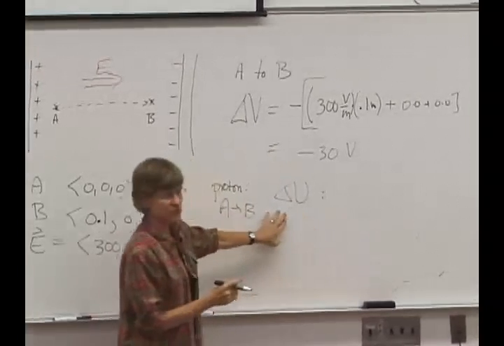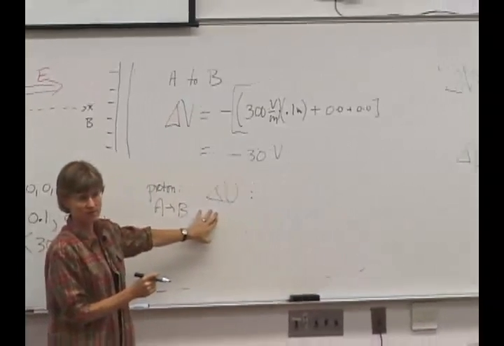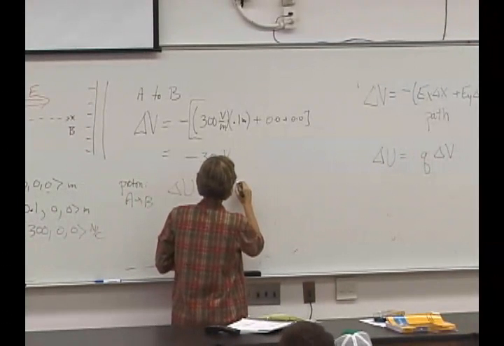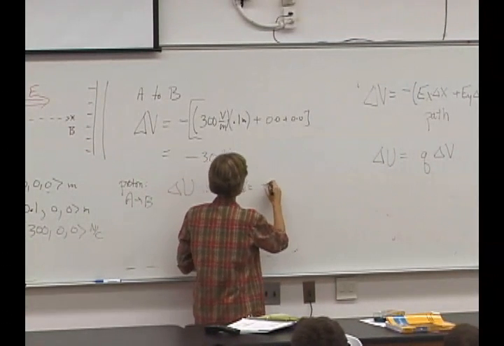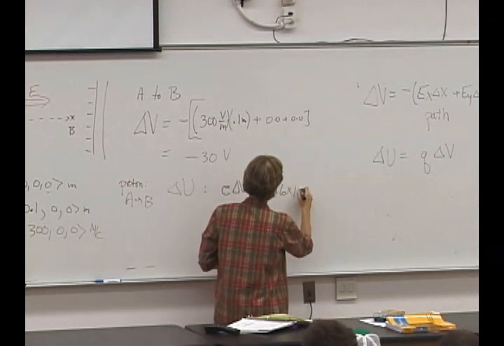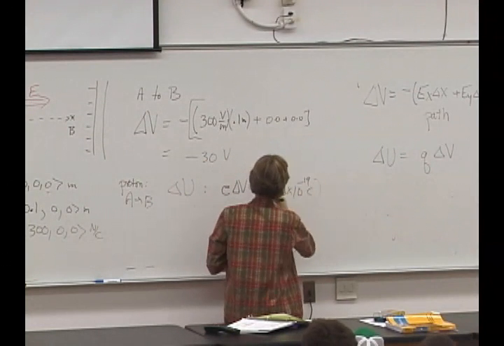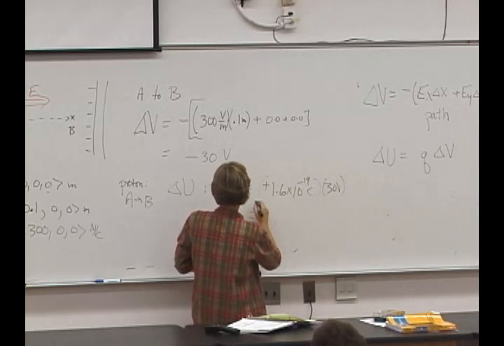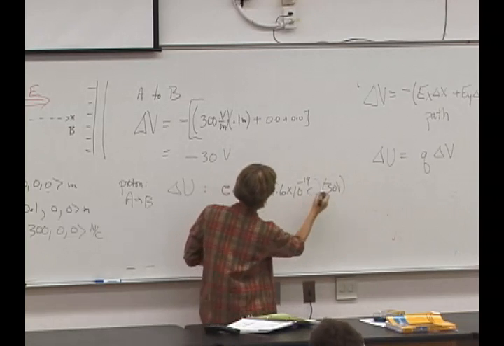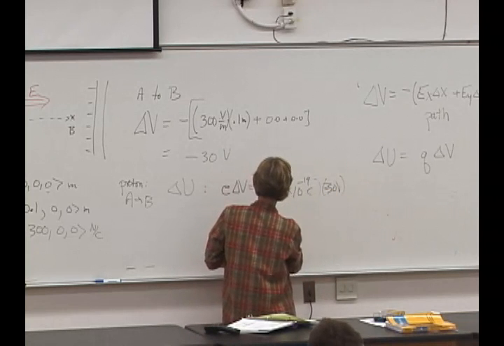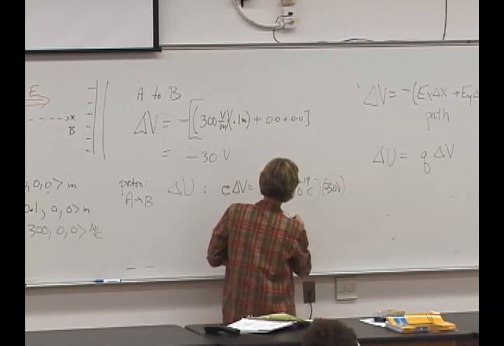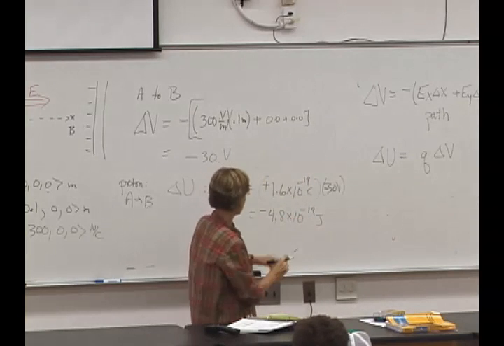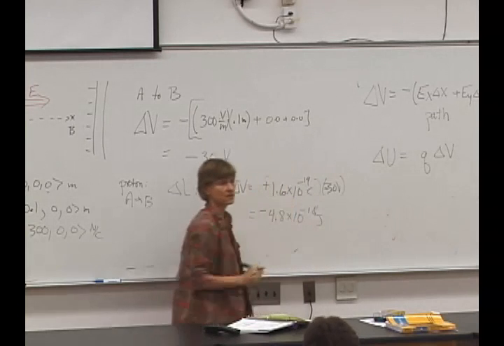So the potential energy change when you move a proton is E times delta V, which is plus 1.6 times 10 to the minus 19 coulombs times 30 volts, which is what? But that was a negative though, wasn't it? So that's a negative 4.8 times 10 to the minus 18 joules, right? Is that what you got?